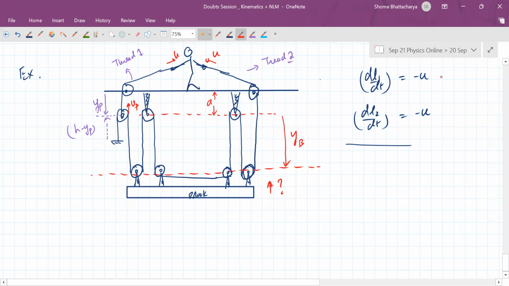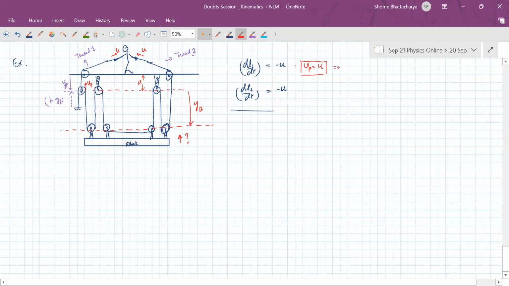Okay. So from this you'll understand that vp is equal to u. And that vp is equal to minus d by dt of y. Is this clear? Yes, sir.